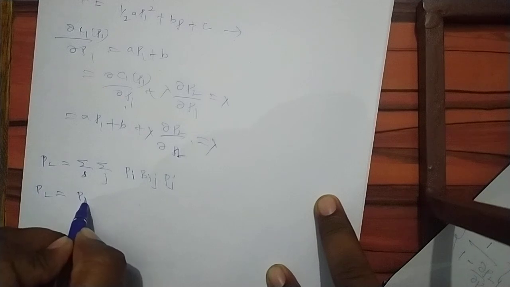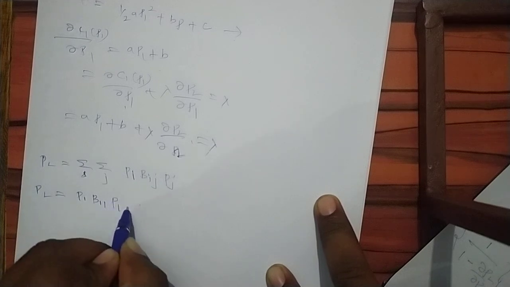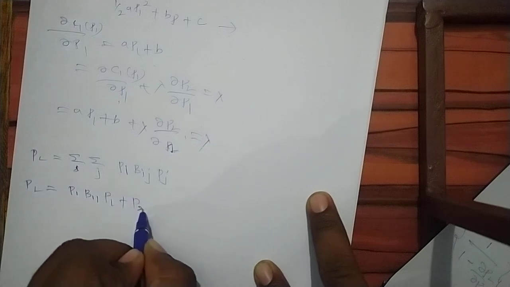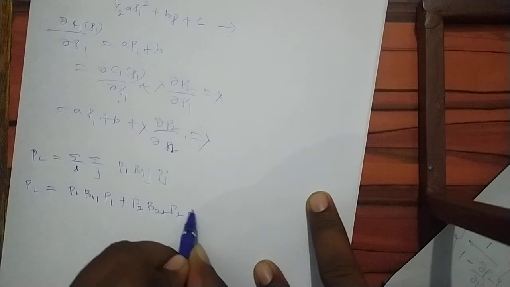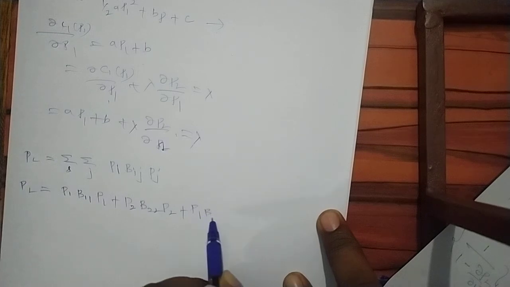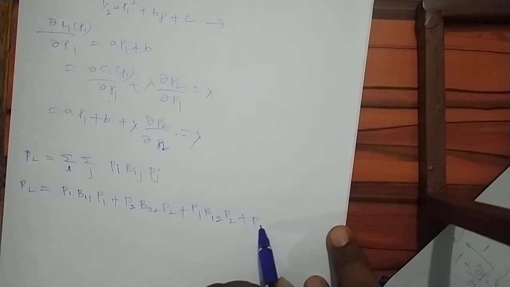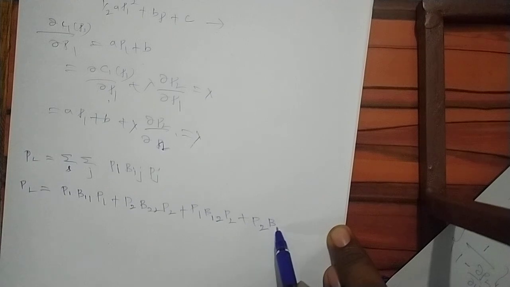If you consider i as 2, j as 2, B22 P2 and so on. Also, if you consider i as 1 and j as 2, it will be B12, and if i is 2 and j is 1, it is B21.